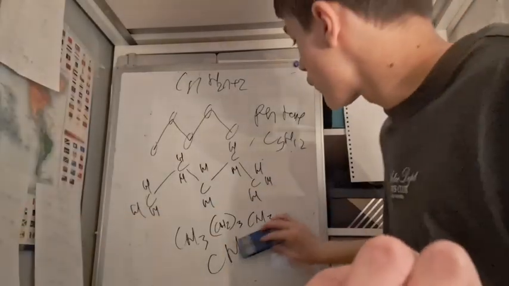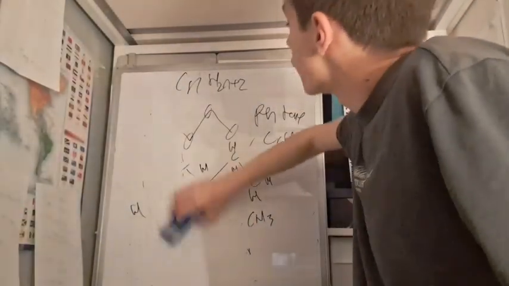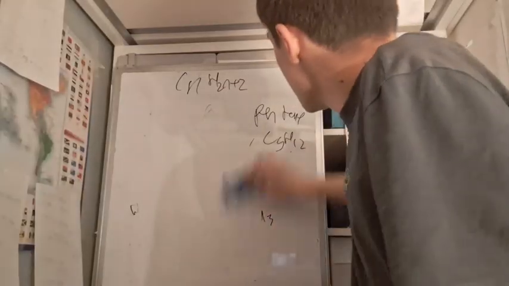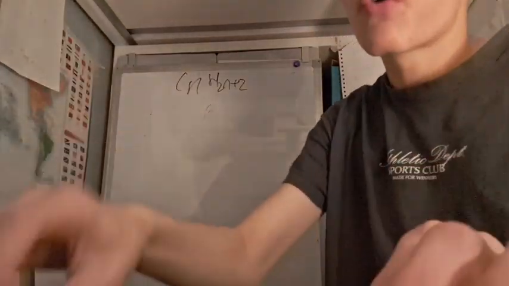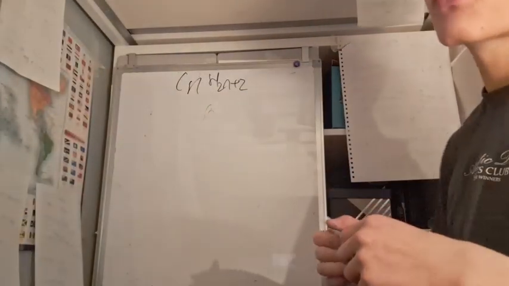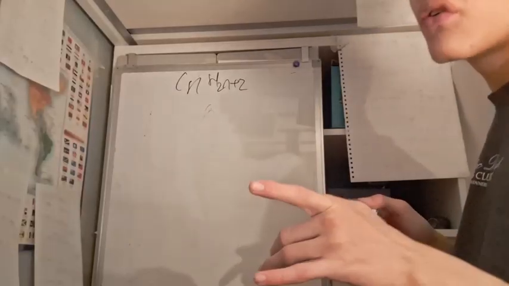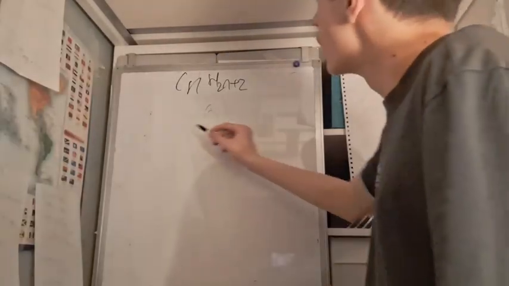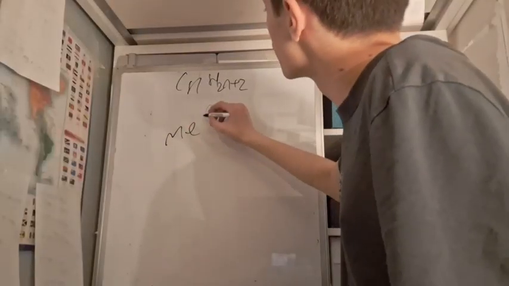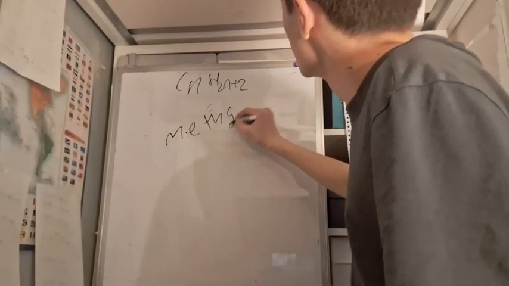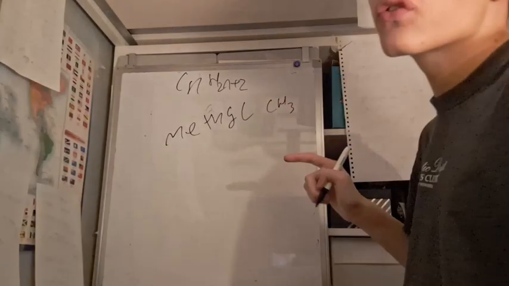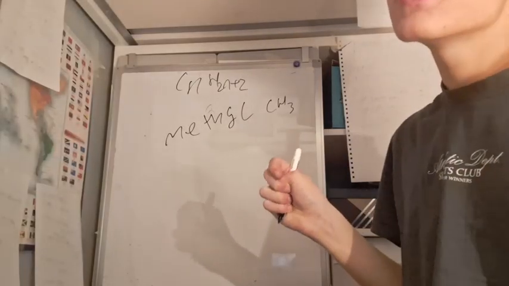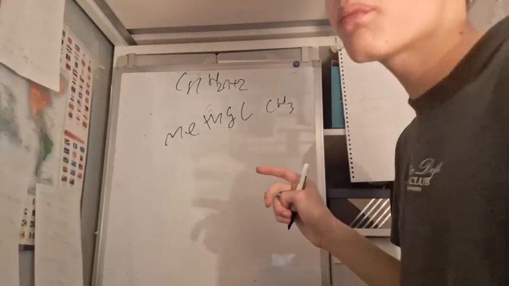Oh, and something interesting that's more important that I must add is when you remove one or two hydrogens from an alkane, you get a slightly different named hydrocarbon. So methane becomes methyl, which is CH3, and it is called a radical, which means it can't exactly exist by itself.